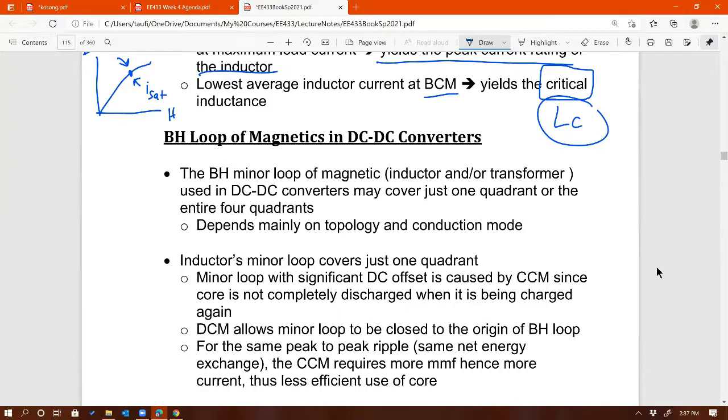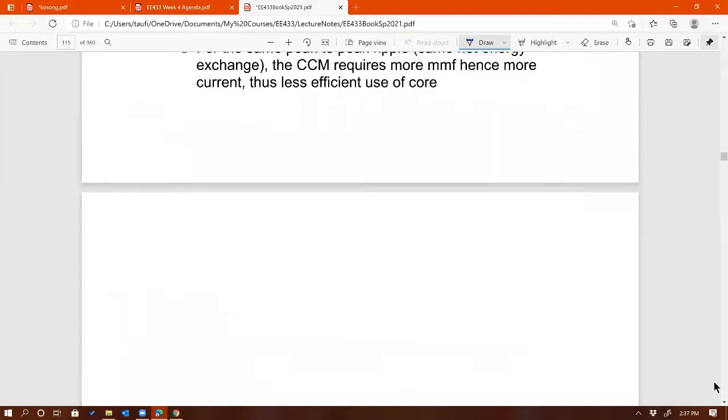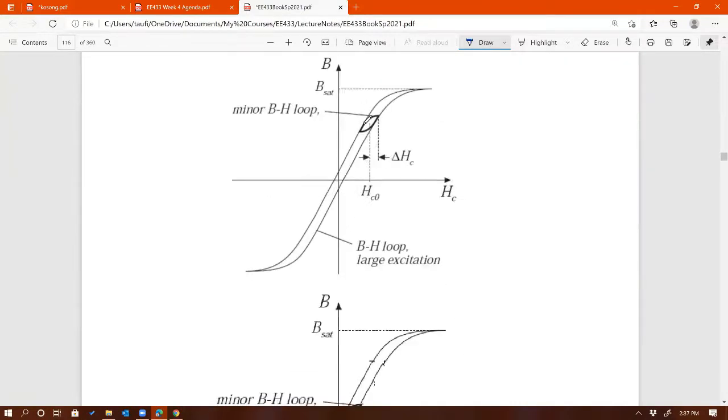So we talked about the BH loop. Actually, I have a picture. I keep drawing it. Yeah, right there. So it could be one quadrant. This is the BH loop, and this is the BH minor loop.